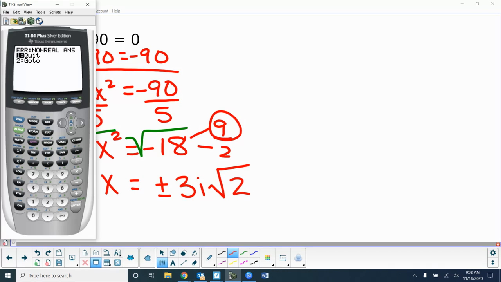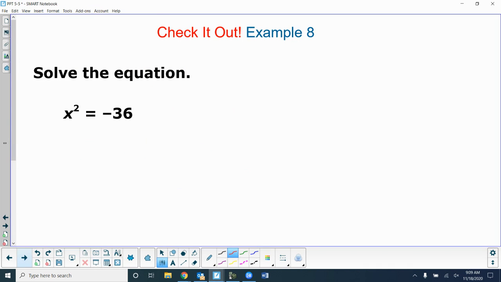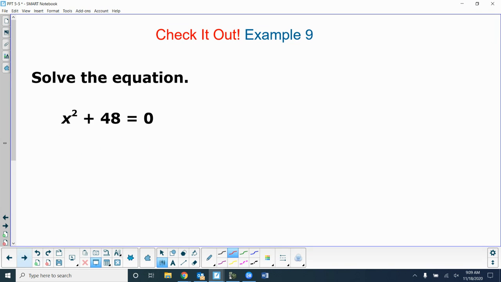Because that's what they are. You can't really do it. But now we can, because we know the square root of negative 1 is i. All right? That one's just plus or minus what? 6. Thank you. All right. Again, those are all the same type, right?